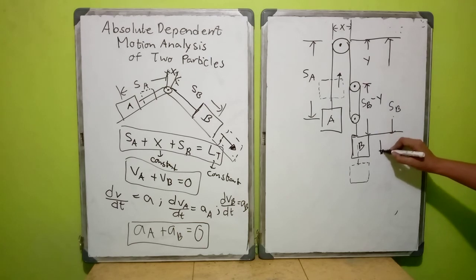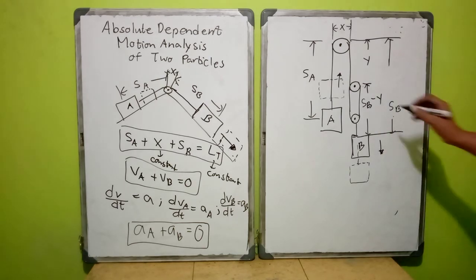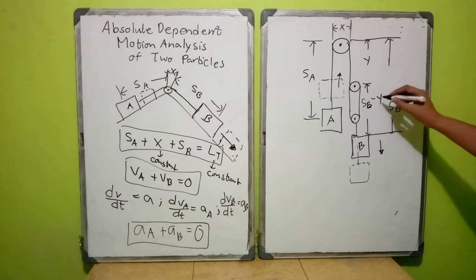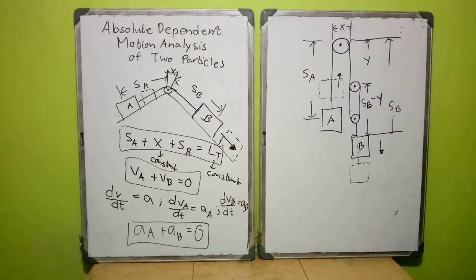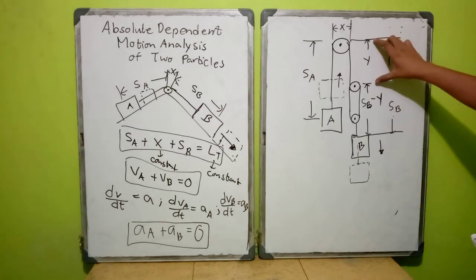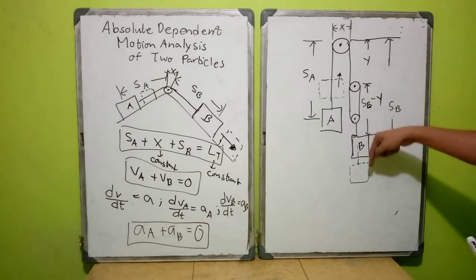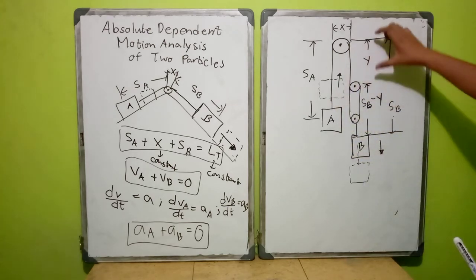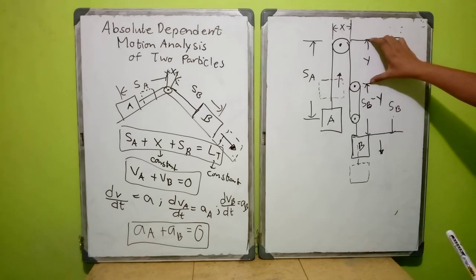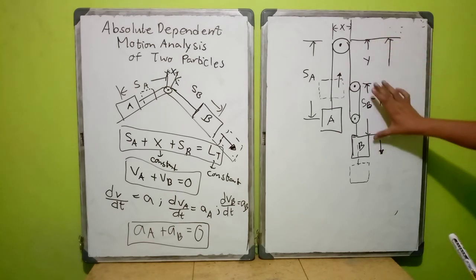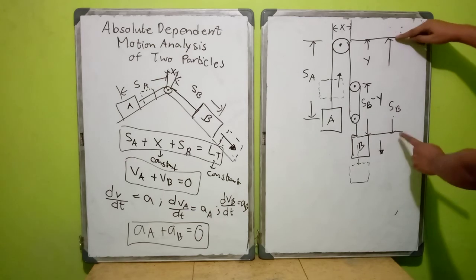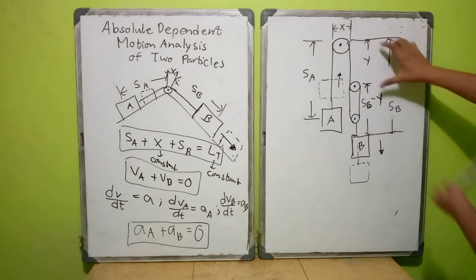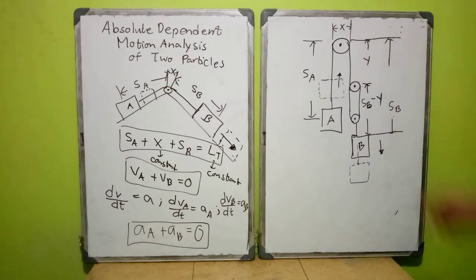So this is the direction of motion of B. Why did I put Y here? No matter how far B goes downward and SA goes upward, this distance will be constant. What is changing is this distance and this distance. Since this is constant, let us say it is Y, so this will be SB minus Y.